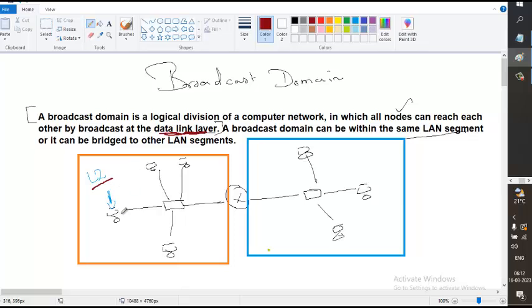If this computer sends a layer 2 broadcast, meaning the destination MAC address is a layer 2 broadcast address, the destination address of the packet that it generates is a layer 2 broadcast address.